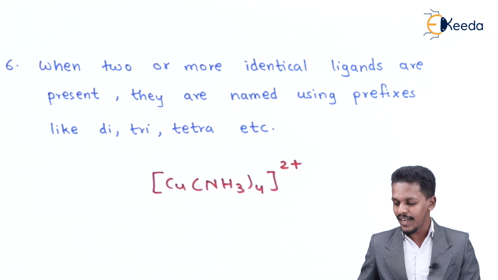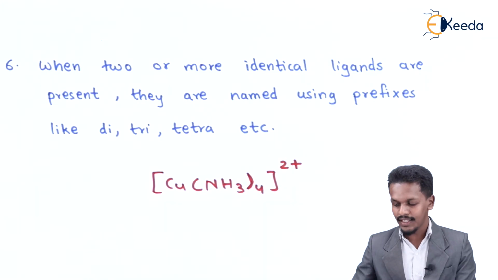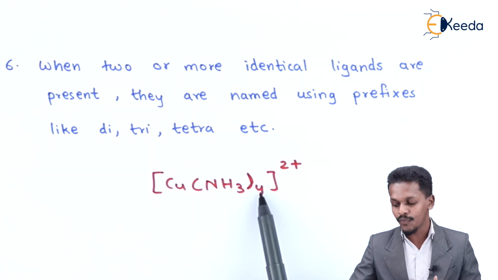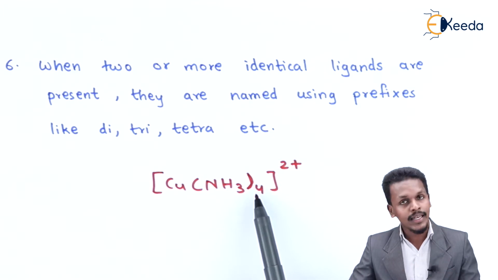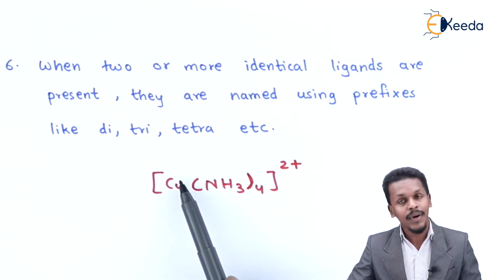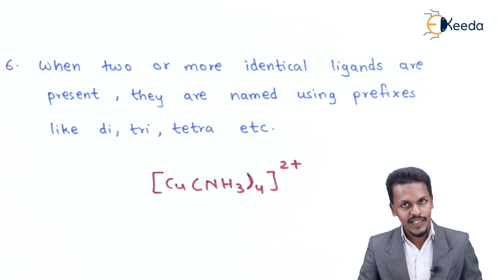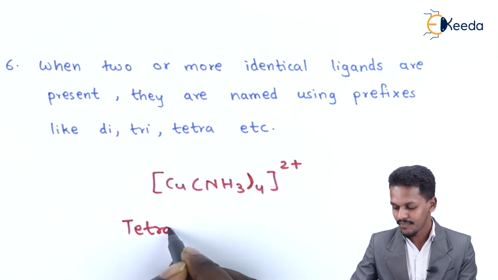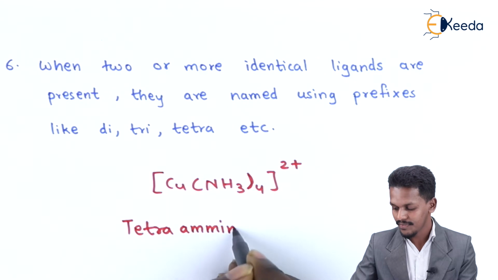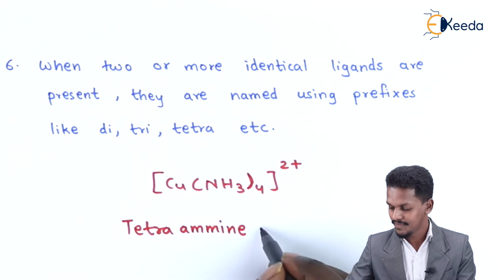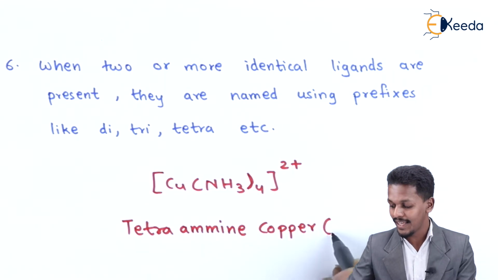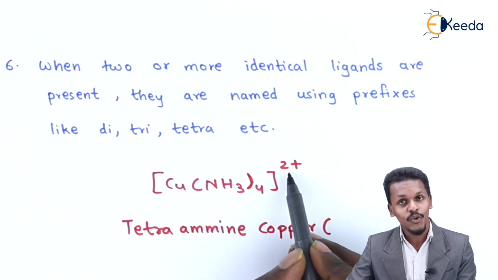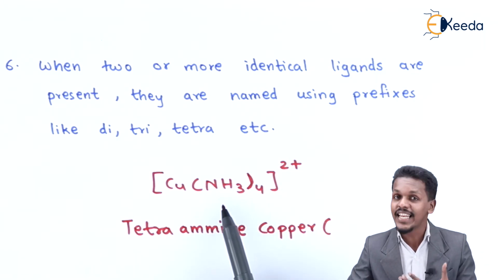Here we can find that NH3 is ammonia, and 4 ammonia molecules are surrounding this copper ion. So therefore the name of this one could be given as tetraamine copper, but having an oxidation number of 2 plus, because NH3 is nothing but a neutral ligand.